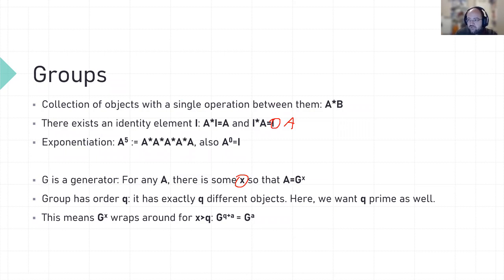So G to the 1 is G, G squared is some different element, G cubed is another element. And at some point, once we get past Q, the elements wrap around. And this wrapping around creates some very interesting structures and very interesting math within the group. So this was the one-page introduction to groups.